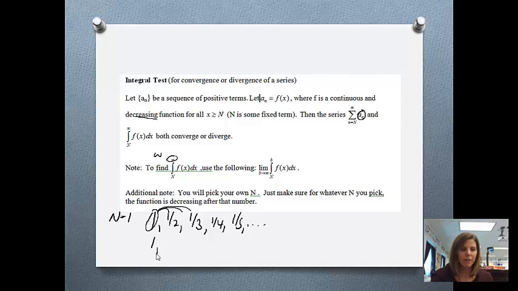However, if I had 1, 1, 1, 1/2, 1/3, 1/4, and so on, I would actually pick the third term to start with, because after the third term, the numbers are decreasing. So we just need to be careful when we're picking that number that we pick an appropriate number. You'll probably want to go out a few terms just to make sure that your terms are actually decreasing.